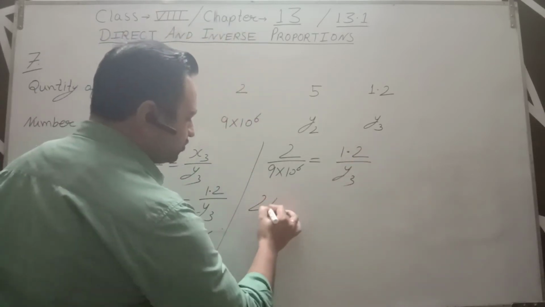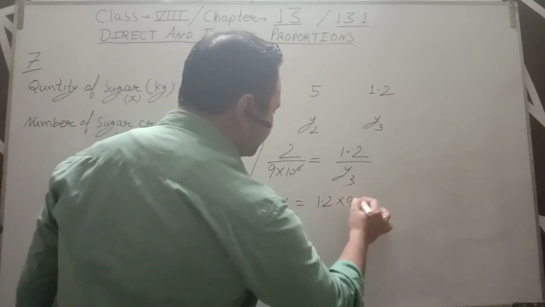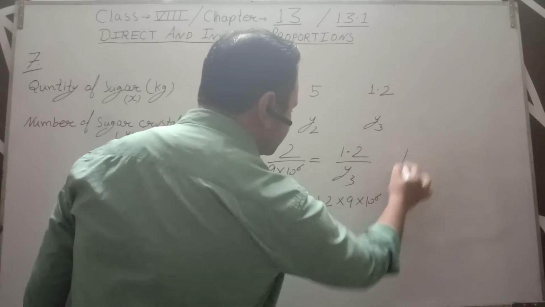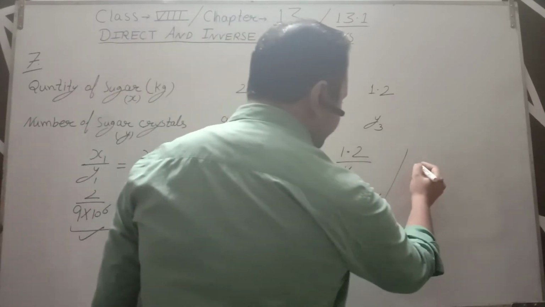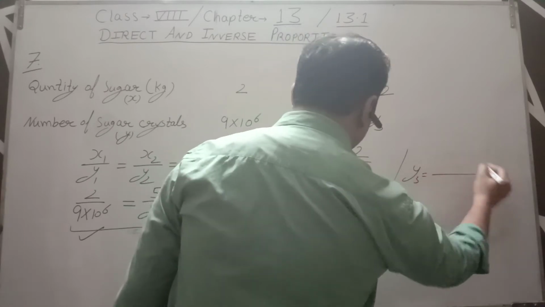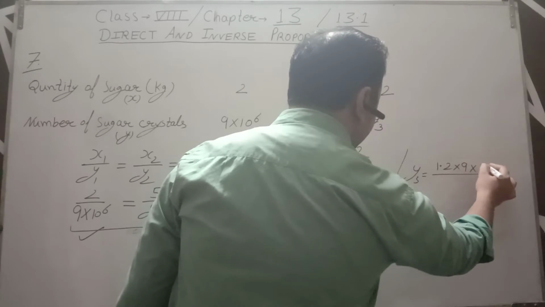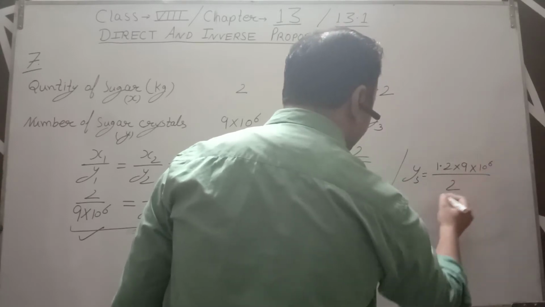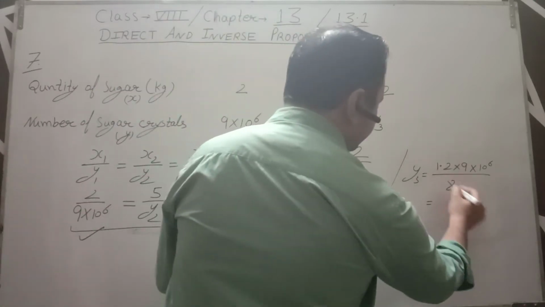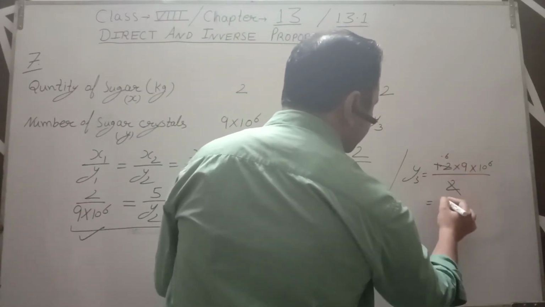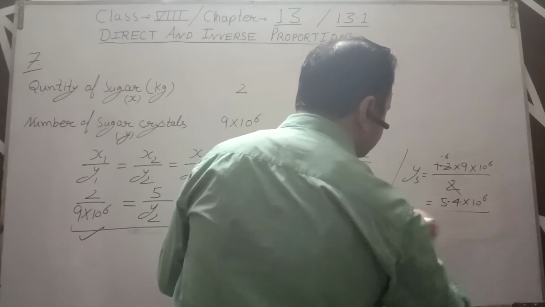Cross multiply: 2 multiply y3 is equal to 1.2 multiply 9 multiply 10 to the power 6, and the value of y3 is 1.2 multiply 9 multiply 10 to the power 6 upon 2, and the value is 10.8 upon 2, which means 5.4 multiply 10 to the power 6.